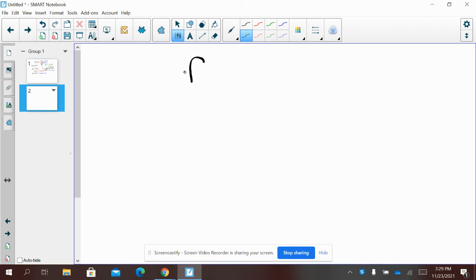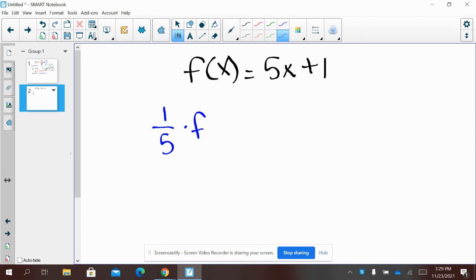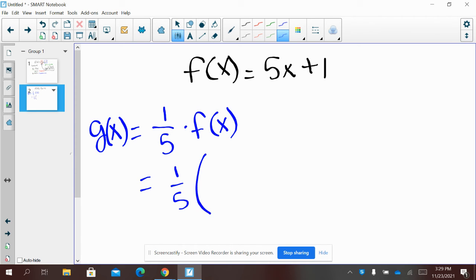Now let's say, using the same f of x, let's say my a value was 1/5. So I'm going to take 1/5 and I'm going to multiply that by our original f of x. And I'm going to say that's what g of x is going to be equal to. So that means that g of x is equal to 1/5 times f of x, which is 5x plus 1.